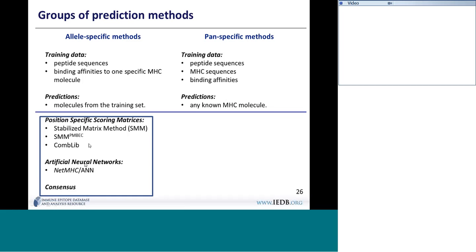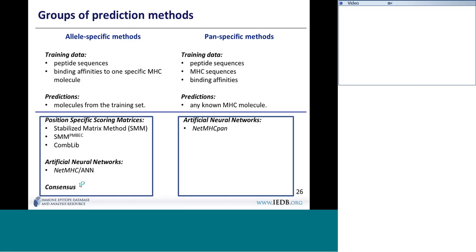We would also have the artificial neural network method, called ANN at IEDB, and the consensus method, which combines all of these methods, in this category as well. While if we have new molecules that were not part of our training set, then the NetMHCpan method will be used, and that's a method based on an artificial neural network.